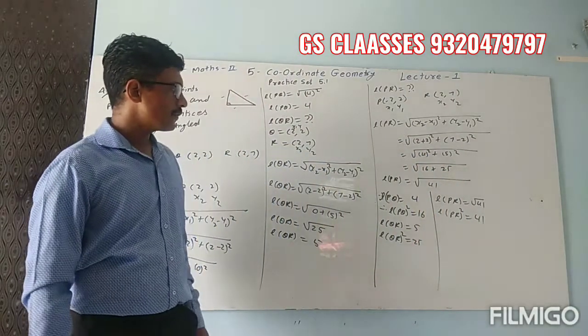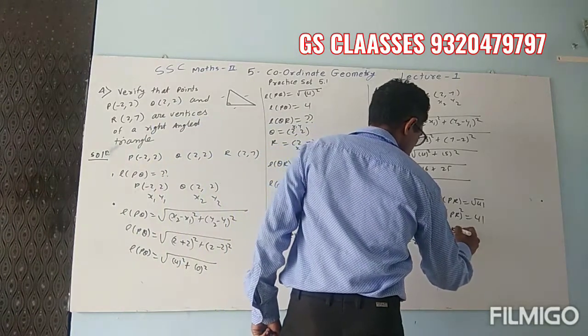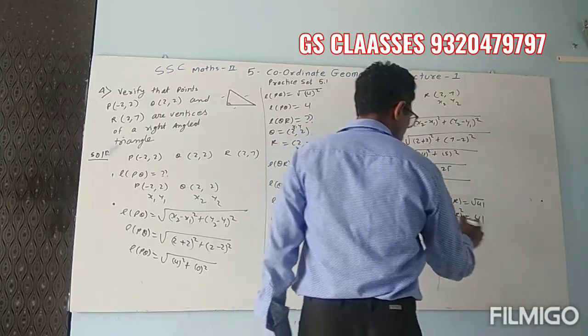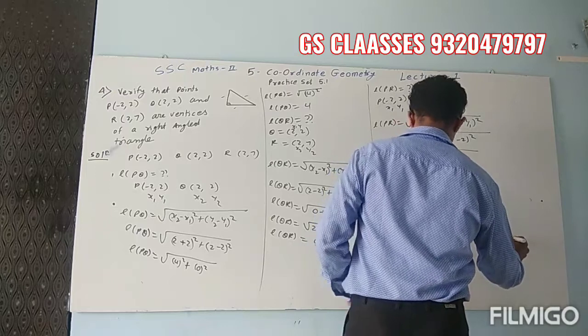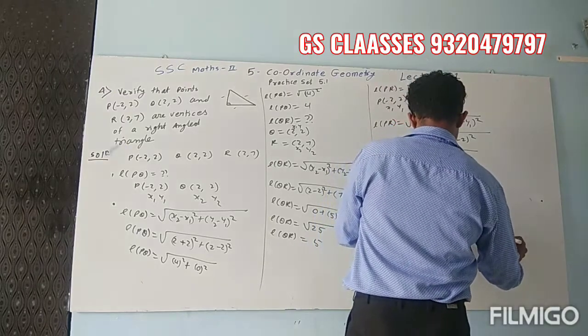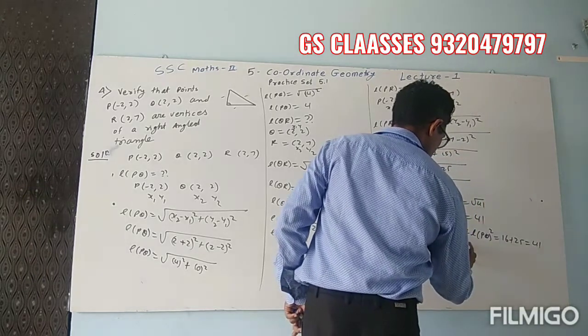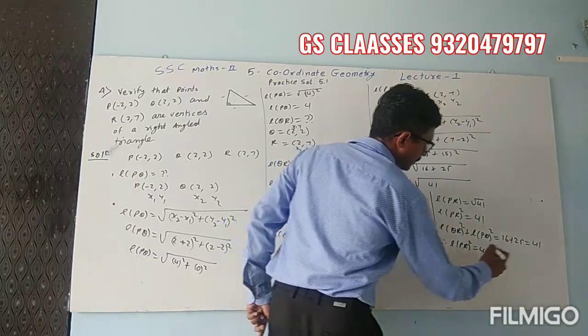Now children, we will see right here length QR square plus length PQ square equals 16 plus 25, which is 41. Length PR square is already 41.